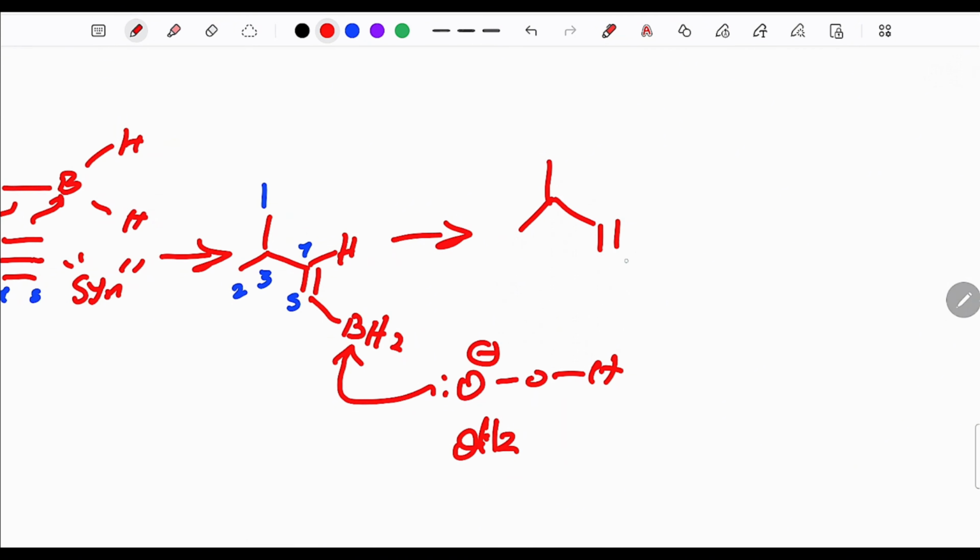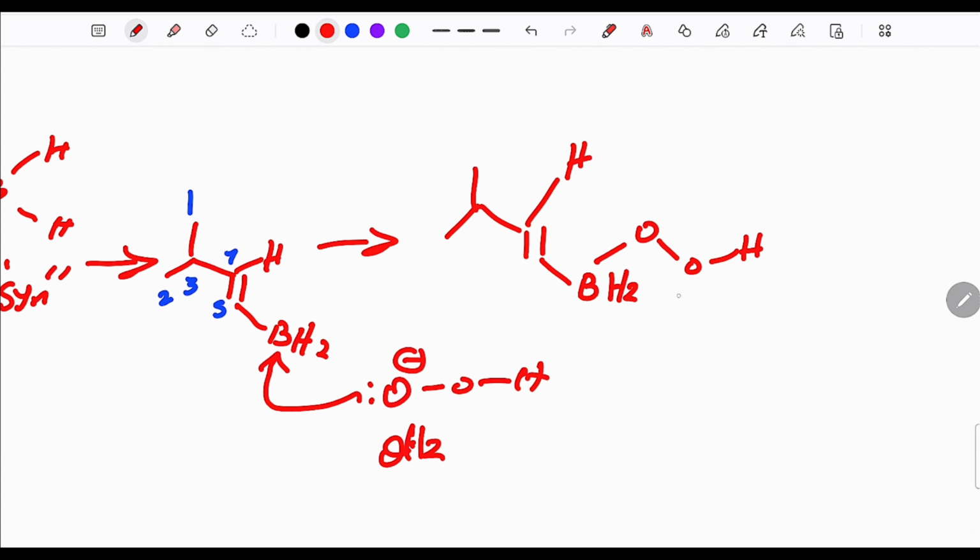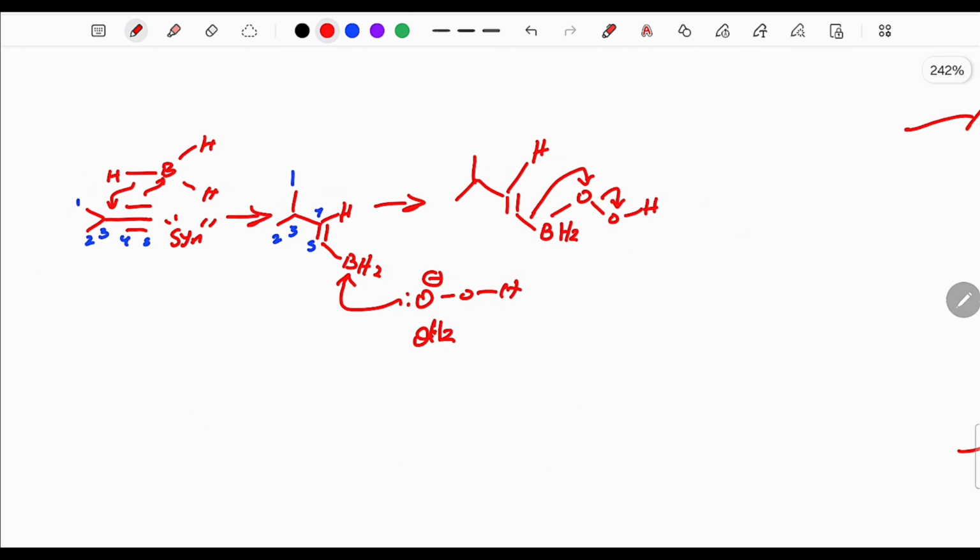With our BH2 now attached to it, an OOH. Okay. Same with the hydrogen there. We now have electrons from this region going to our oxygen, which now comes here. So that entire thing will switch, right?